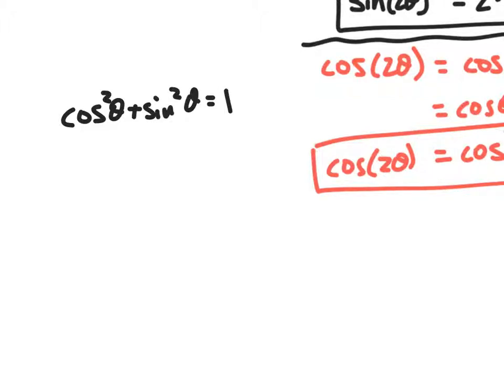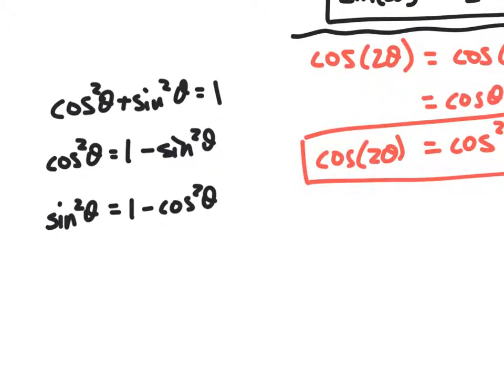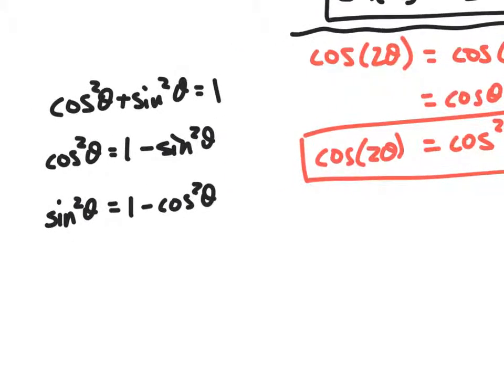I can write this as cosine squared theta is equal to 1 minus sine squared theta. I can also write this as sine squared theta is equal to 1 minus cosine squared theta, just by subtracting those. So I can rewrite this, and this is going to help us out later on when we do half angle identities.